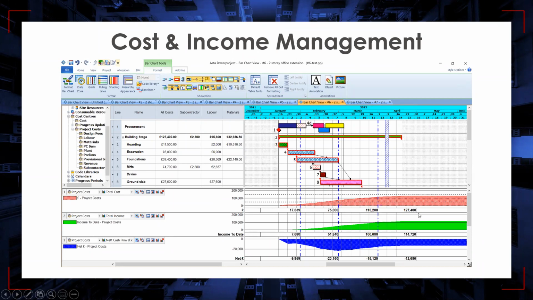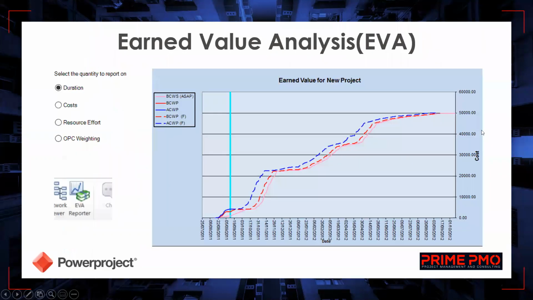By following the histograms, we can track our project costs, our income, and also the net cost values, net project values, and net cash flows. You also see these blue vertical lines show us, at the end of every month, what our values are going to be. Powerproject can also do earned value analysis for you.